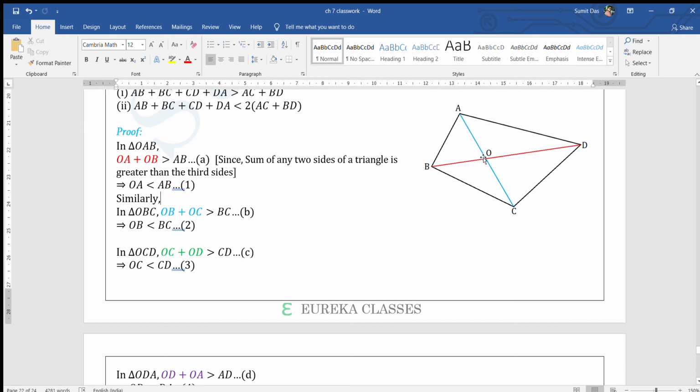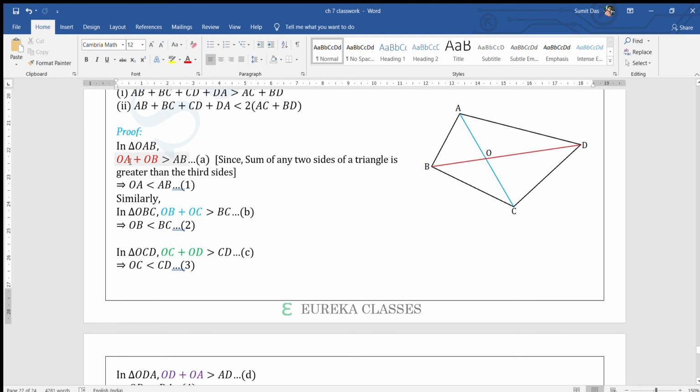So in this small triangle OAB, we can write OA plus OB is greater than AB, since the sum of any two sides of a triangle is greater than the third side.